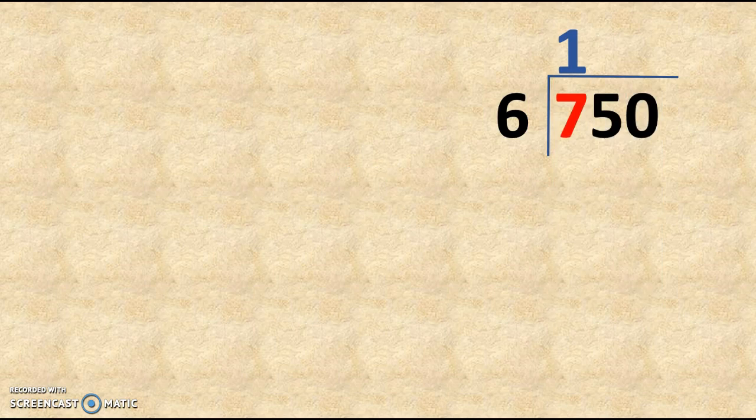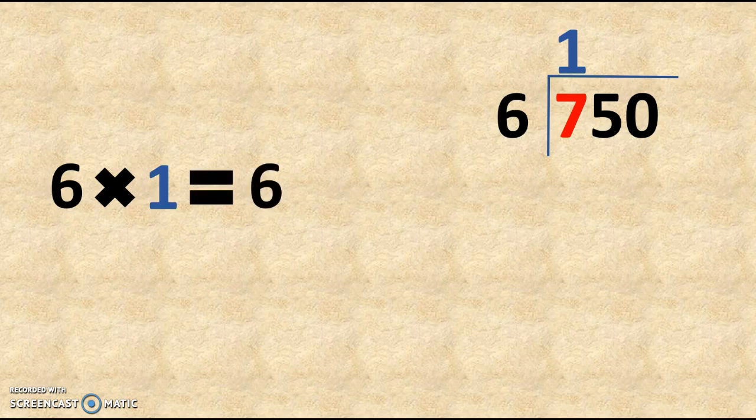So let's continue. After you've divided 6 into 7 to start off with, the next step we need to do is multiply the first number of our quotient, which is the answer to a division problem, by our divisor, or the number you're dividing by. So we are taking our quotient of 1 and multiplying it by 6, our divisor, and we get 6.